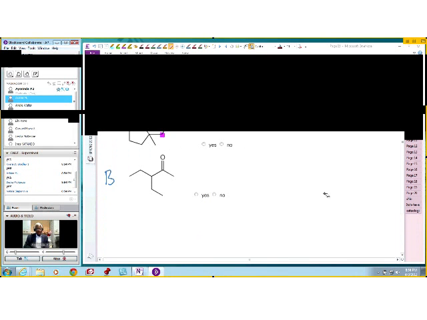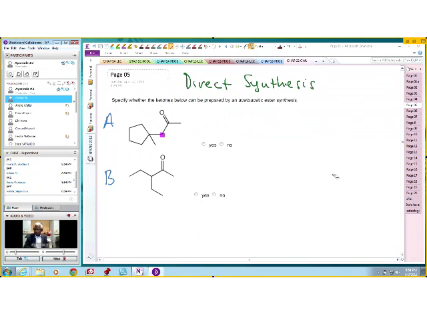Okay, this is where we are. The question that I asked you was, can we make this using acetoacetic ester synthesis? The answer here is no. And why is it no? Look at the acetoacetic ester.